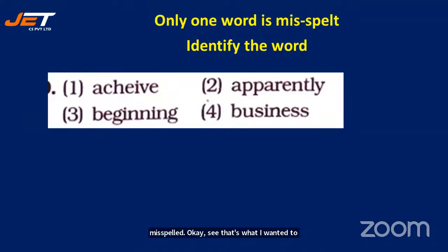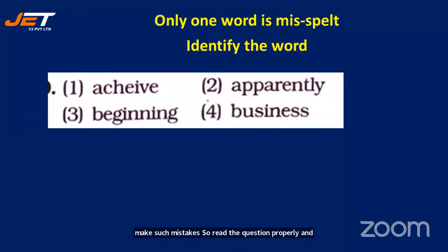Not all the time will your question be to identify the correctly spelled word. See this one, your question says only one word is misspelled. Identify the word. I was really wondering because many words were correctly spelled. Then only I looked into the question. All right. So students, we should not make such mistakes. So read the question properly and then give the answer.